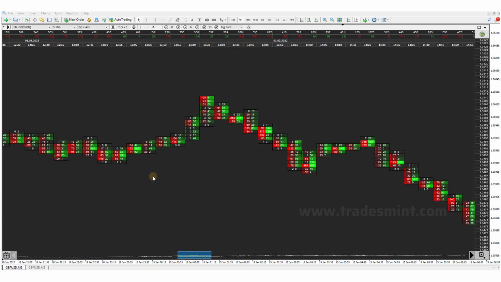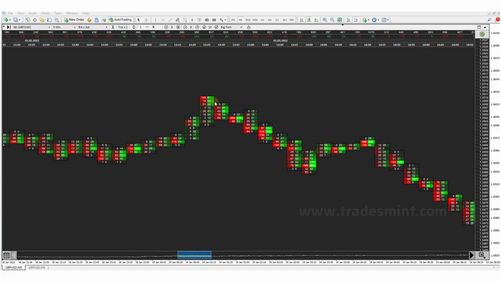I also want to say something about the differences in reading the footprint chart, because many educators or traders are reading the chart diagonally, as 74 bid to the 81 ask, 51 bid to the 83 ask.